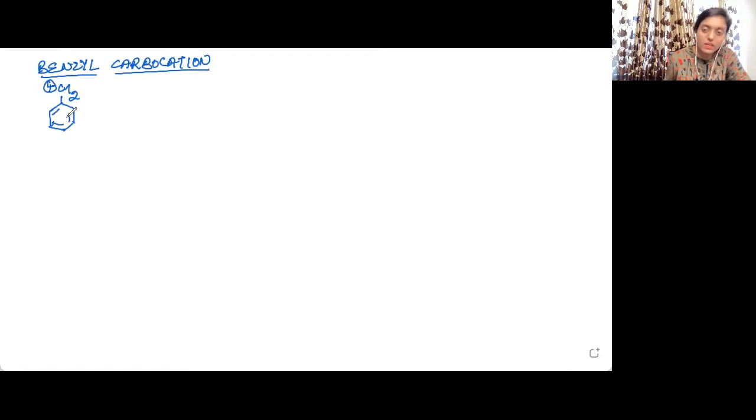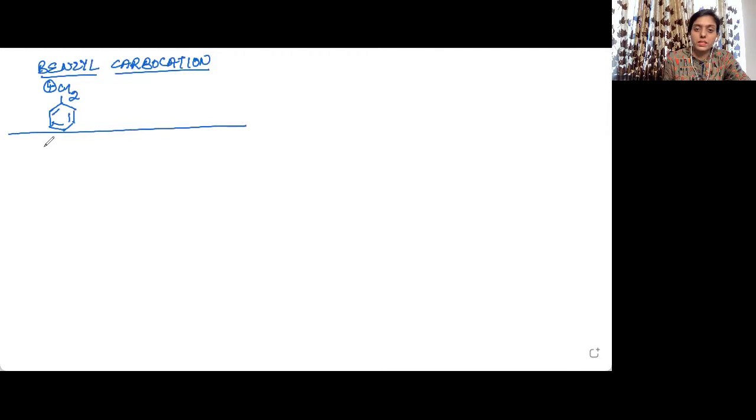So this is the benzyl carbocation. I think I have forgotten to explain the second way of explaining the stability of the various carbocation intermediates. Let us do it first. We will come back to the benzyl carbocation.